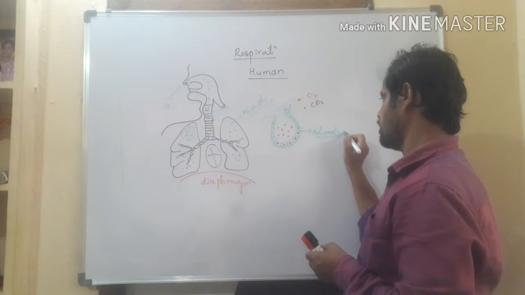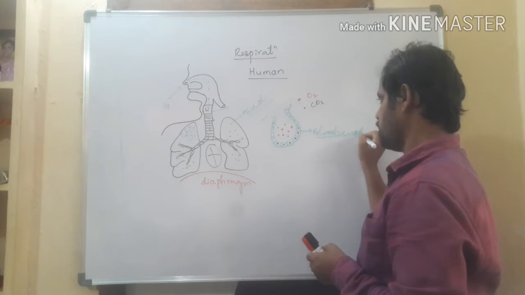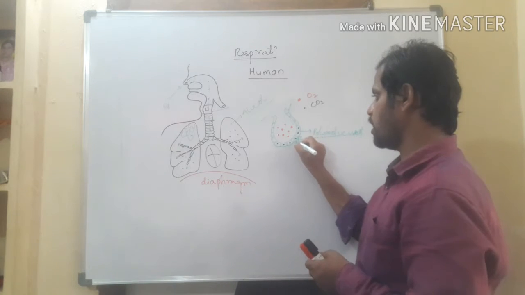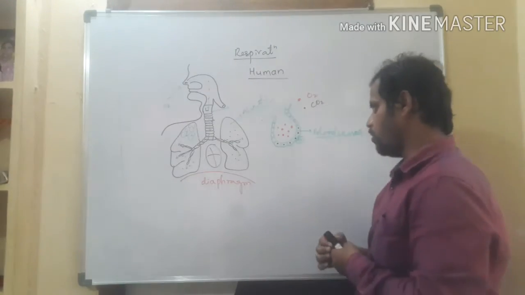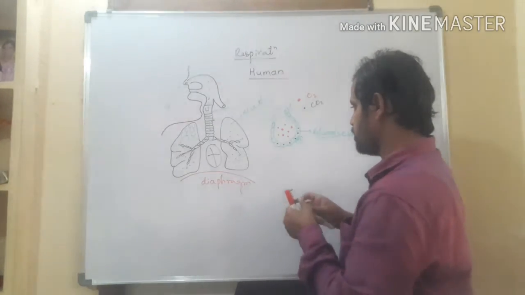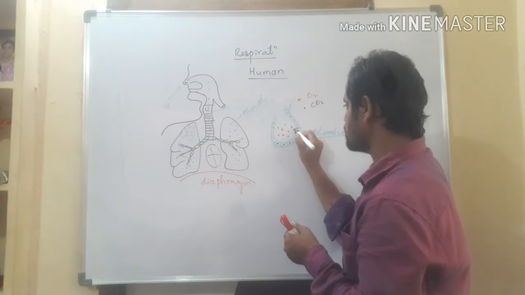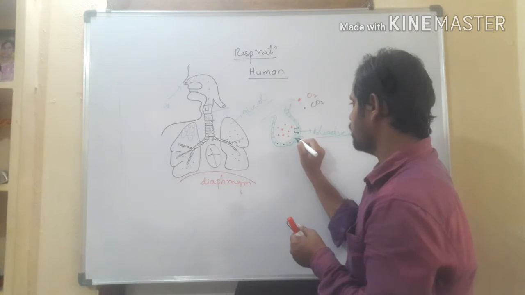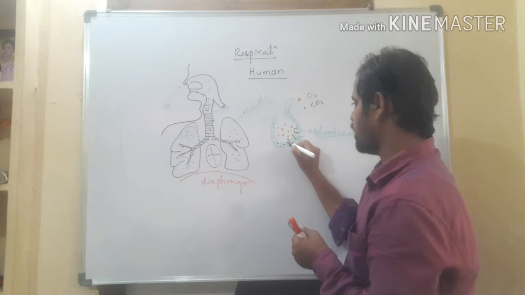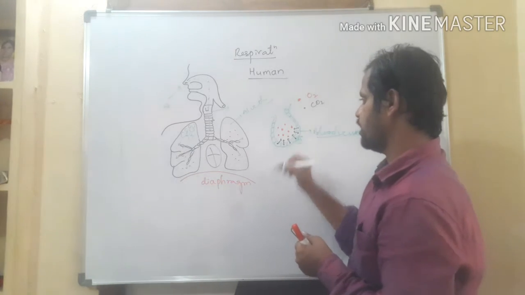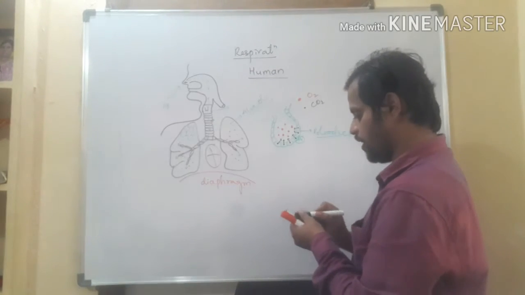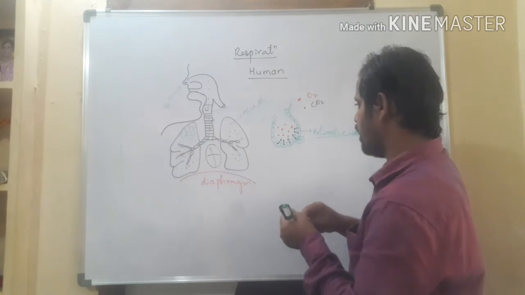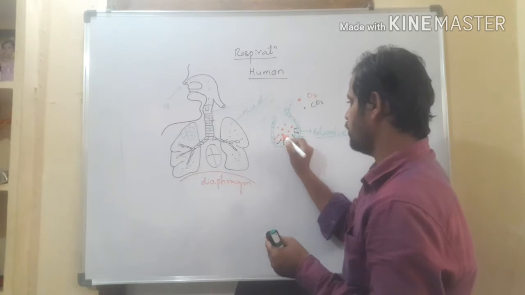This blood vessel contains hemoglobin with carbon dioxide. Now this hemoglobin is going to throw the carbon dioxide into the alveoli, whereas it takes up the oxygen from the alveoli.